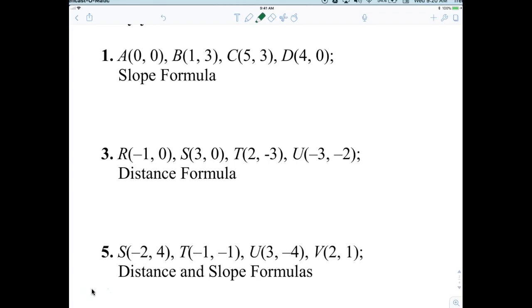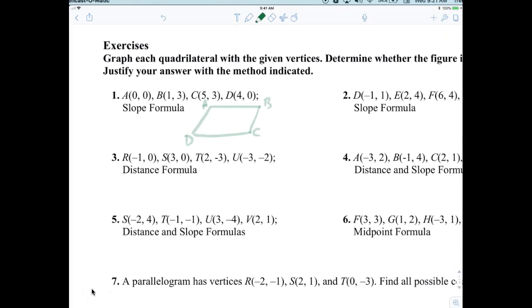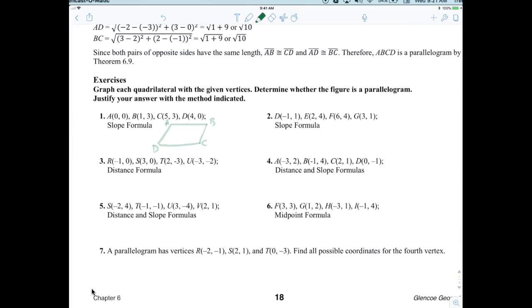So keep in mind, if we were to draw a parallelogram, I don't feel like drawing it all out, but we would just say A, B, C, D, correct? Now, the only problem with doing what I'm saying is sometimes, if I remember on this worksheet, they don't put A, B, C, D in the right order.